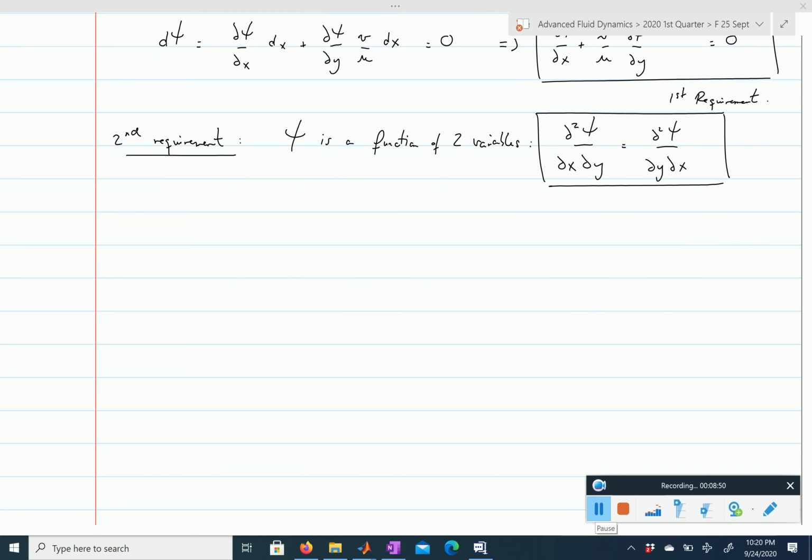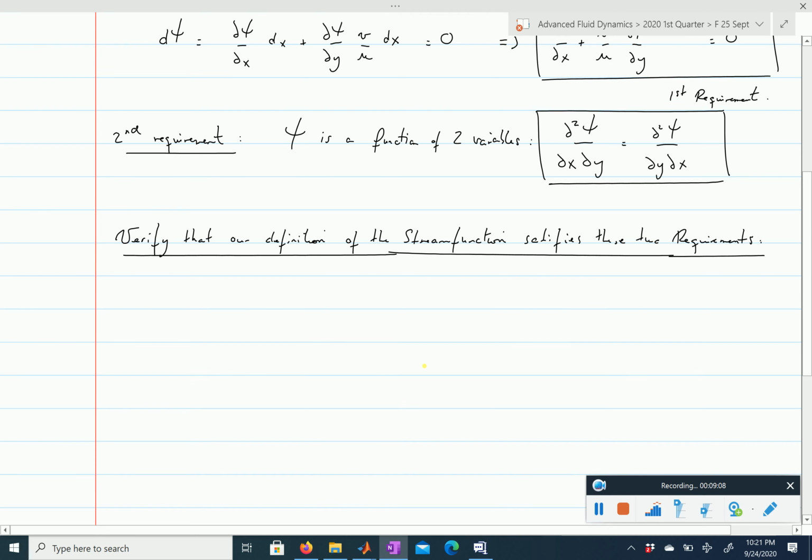And so the only thing we have to do now is to verify that our definition for the stream function satisfies these two requirements.